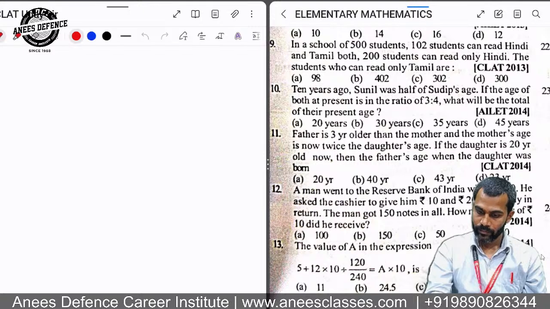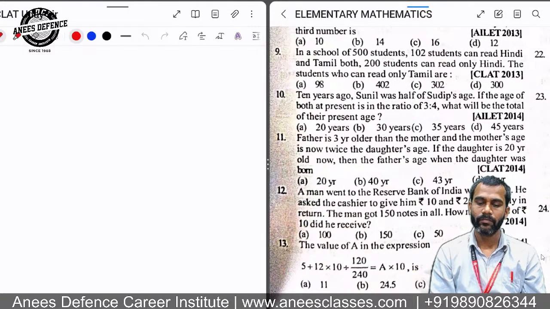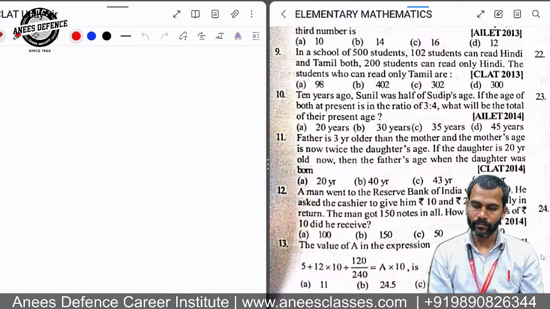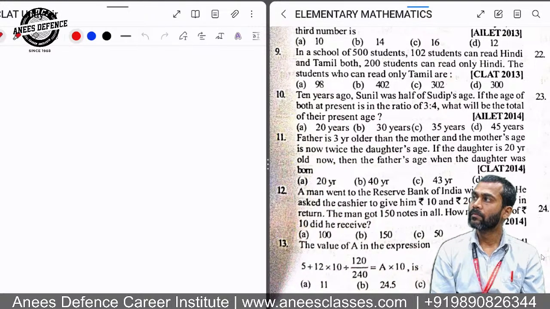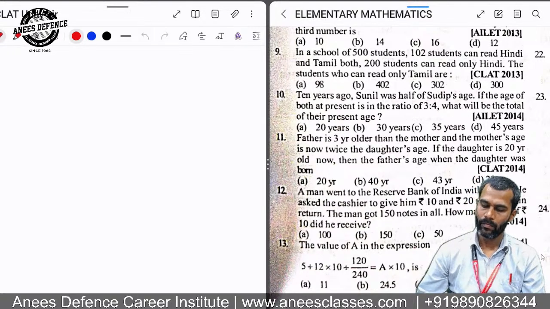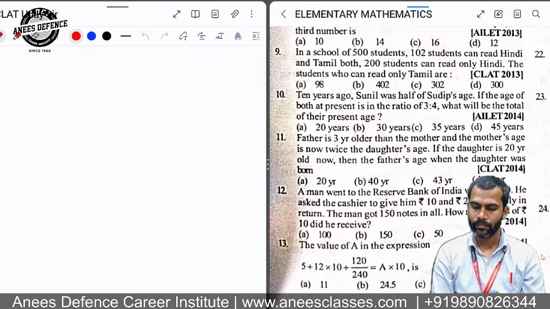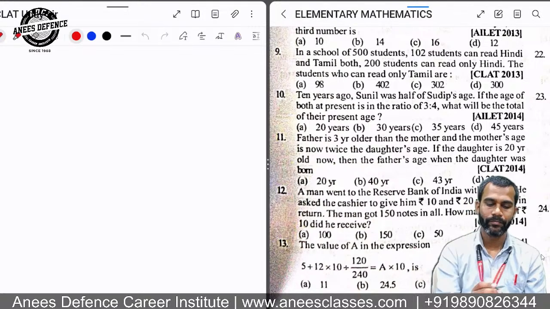Directly solve the question. Yes, 402. See, very easy.